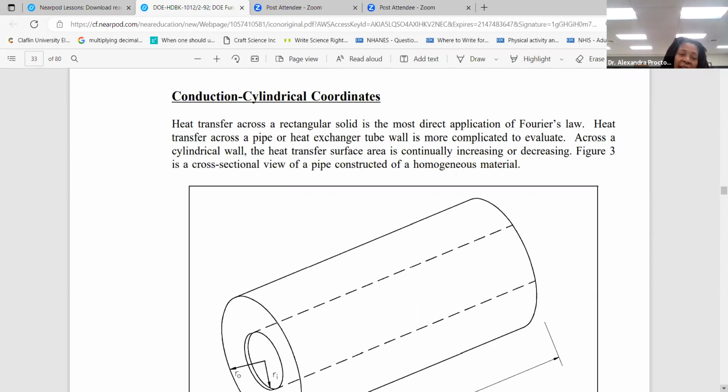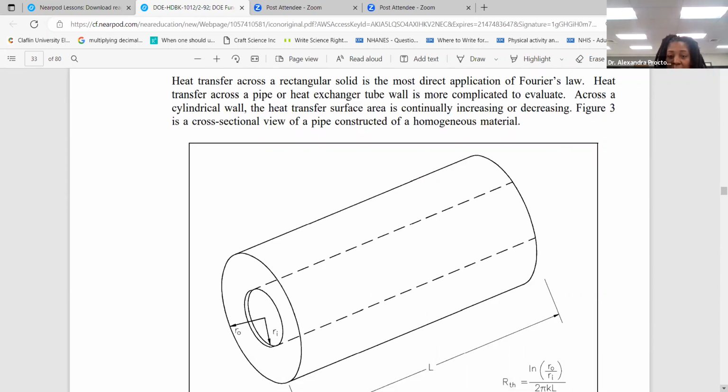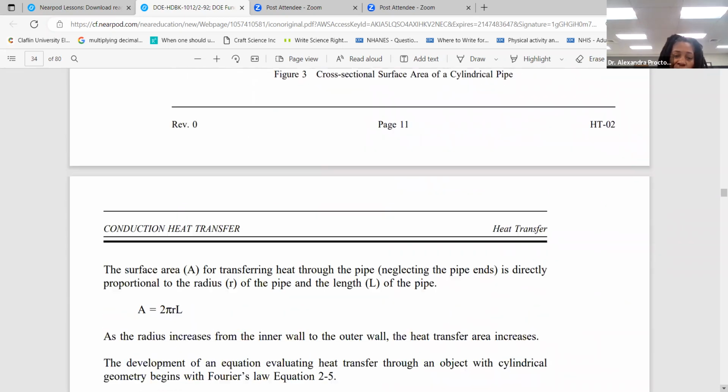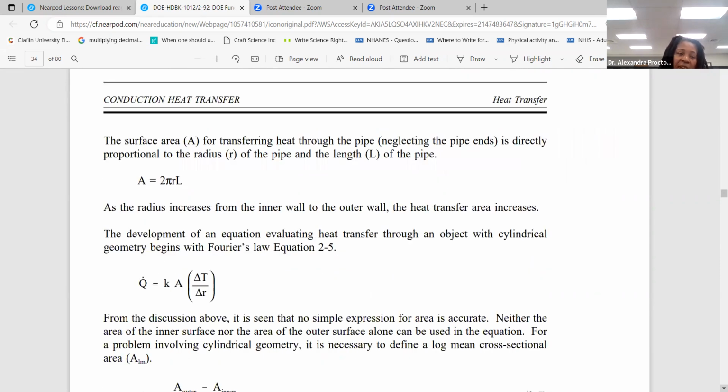And so in figure A, you see a cross-sectional view of a pipe constructed of a homogeneous material. The surface area for transferring heat through a pipe, neglecting the ends, is directly proportional to the radius of the pipe and the length of the pipe, where A is equal to 2 pi RL. As the radius increases from the inner wall to the outer wall, the heat transfer area increases.